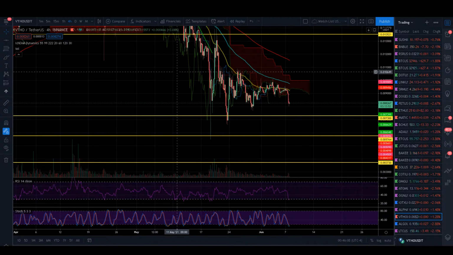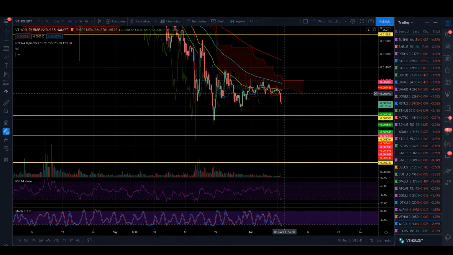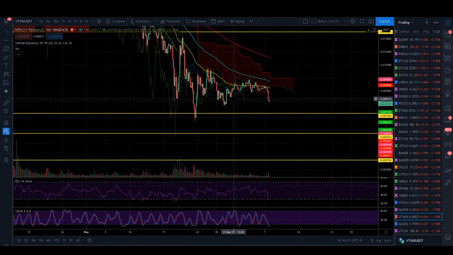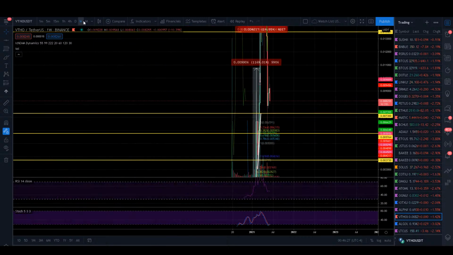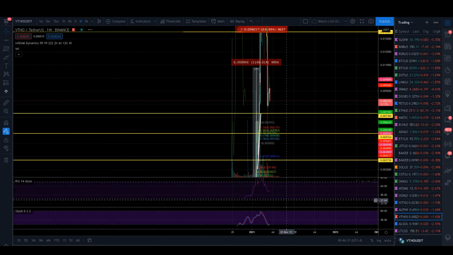It's not too far below. Good support there. So VTHO, again, long-term has been one of my favorite performers. It looks like the weekly is fully reset, turning up like that.